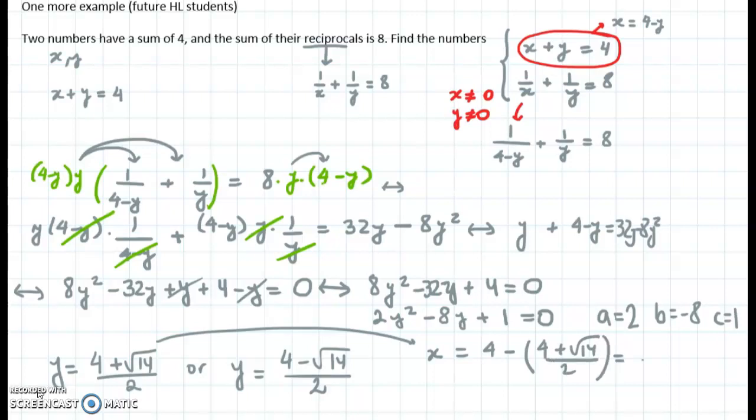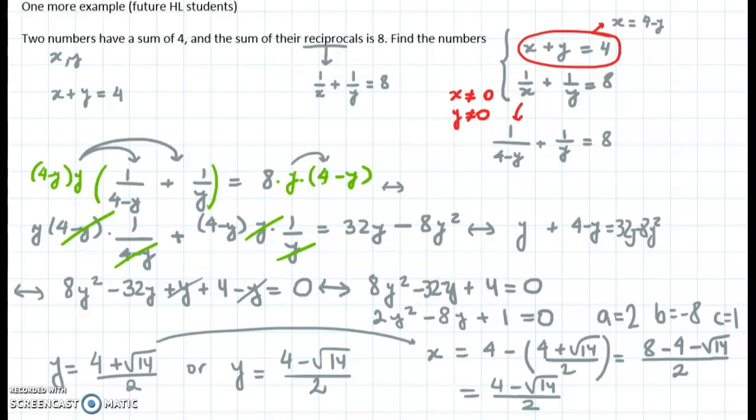So if we take common denominator 2 over here, we're going to get 8 minus 4 minus square root of 14, all of that over 2, which gives us 4 plus square root of 14 over 2. And look at this. With the first value of y, we got for the value of x the second possible value of y. Let's see if we get the same with the second one.